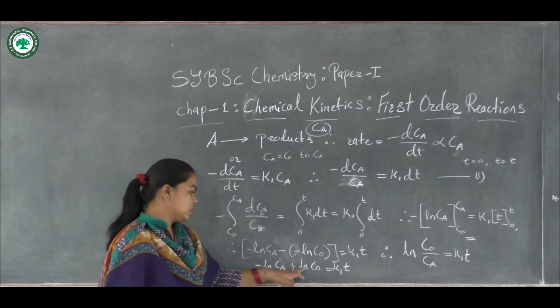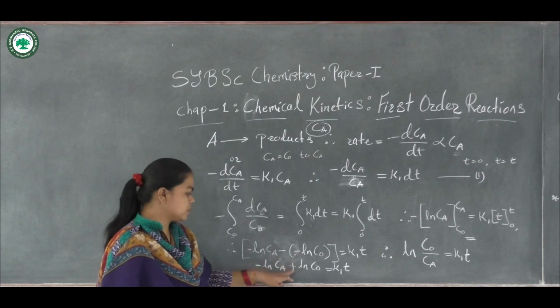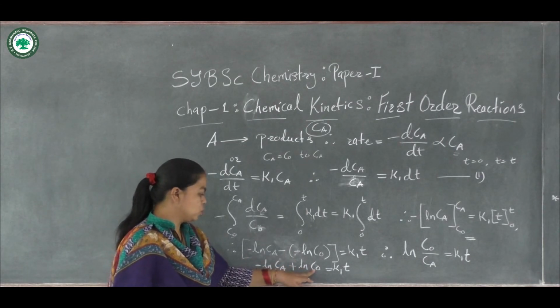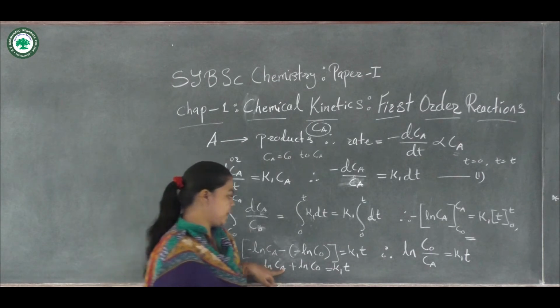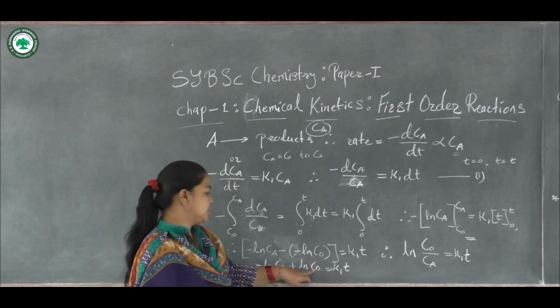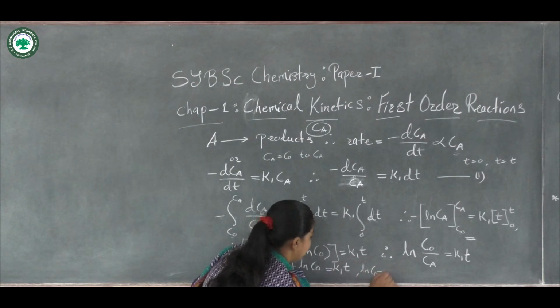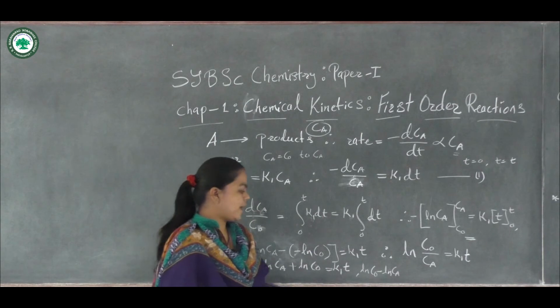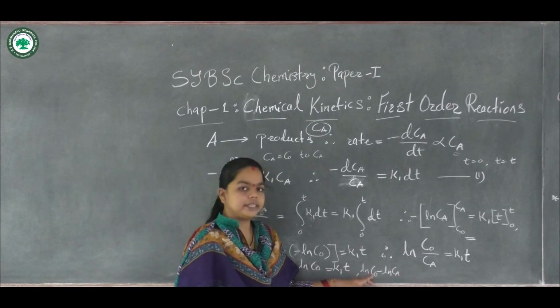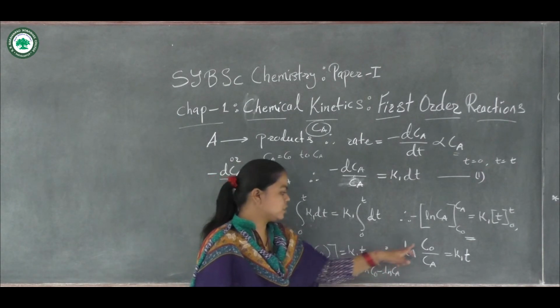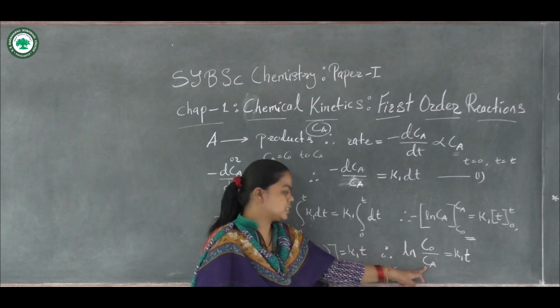So now minus becomes plus, so ln C0 minus ln Ca, this quantity. As it is minus, we can write it as ln C0 divided by Ca.